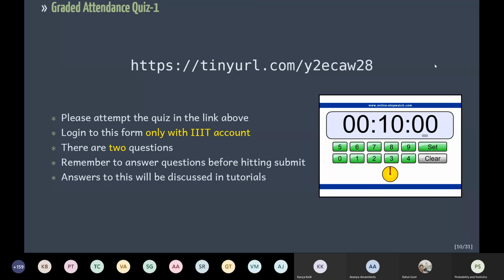Sir, it says it's not accepting responses. Yeah, same for me. That's very strange. Let me open this and check again why it's not accepting.